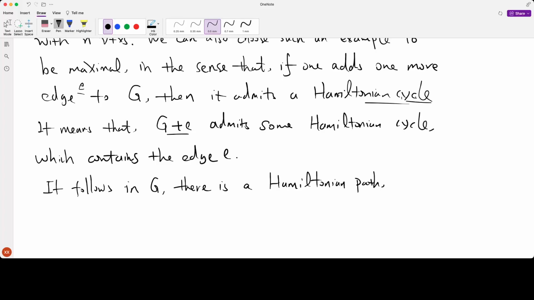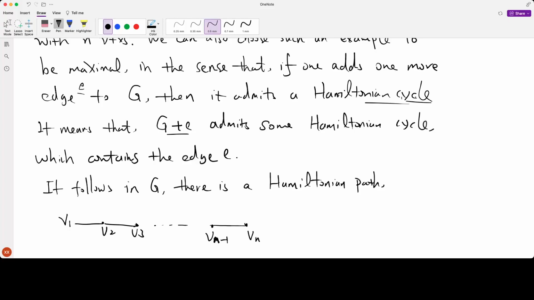Let's write it as V1, V2, V3. Okay? So this path will visit all the vertices. So this is Vn minus 1. This is Vn.